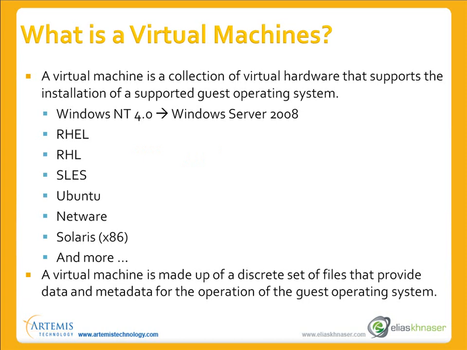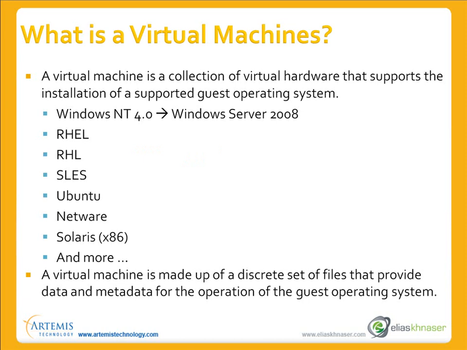So the first thing that we're going to talk about is what is a virtual machine. To slap a definition on a virtual machine, you can think of it as a collection of virtual hardware that creates a framework or a baseline that allows an operating system to be installed on it.